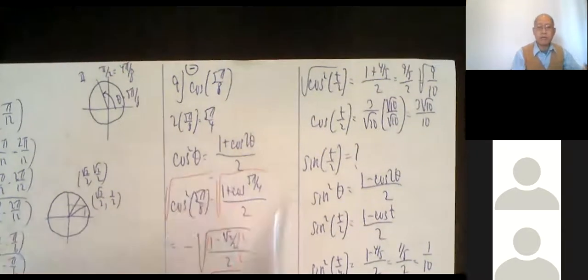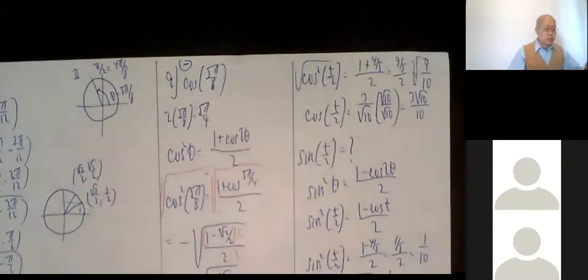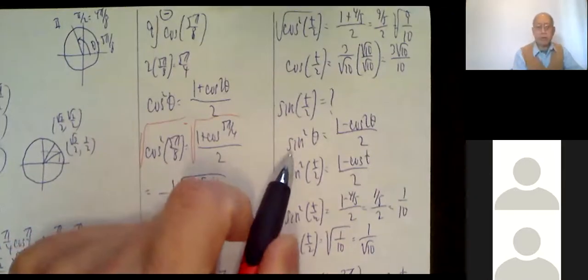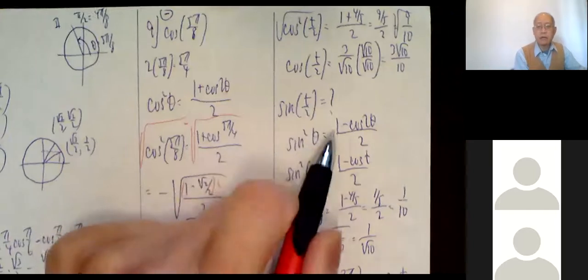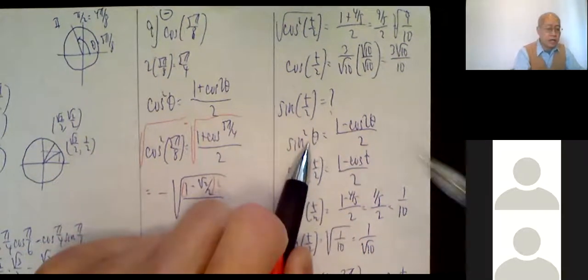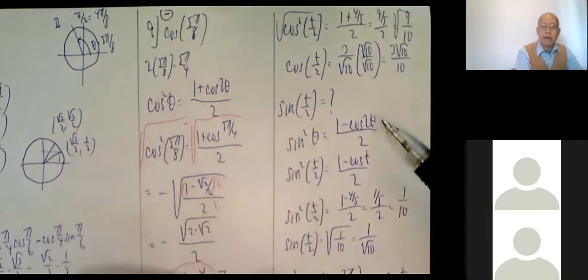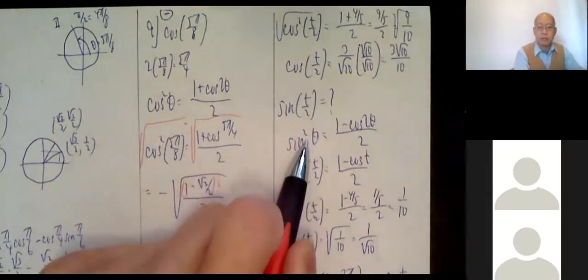Okay, do the same thing with d, sine of t over 2. So that's an example of this formula: sine squared theta equals (1 minus cosine 2 theta) over 2. To go from here to here, you multiply by 2. Or to go backwards, you divide by 2.